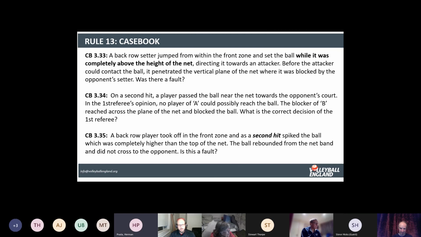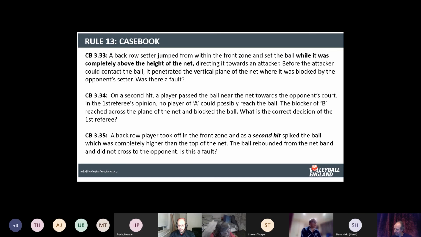In that case, he is correct because there was no player that could reach the ball. Regardless of the fact it's the second hit, it's going towards the opponent, and therefore the opponent is quite right within their rights to block it and therefore complete the attack hit.